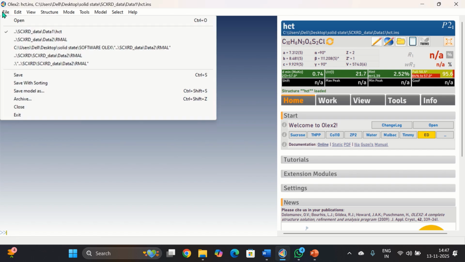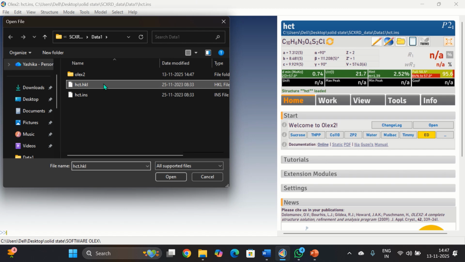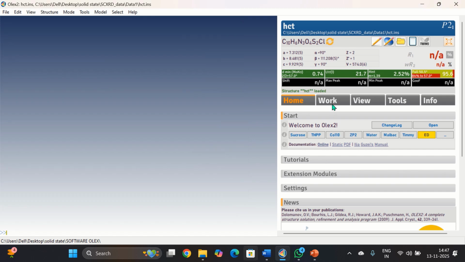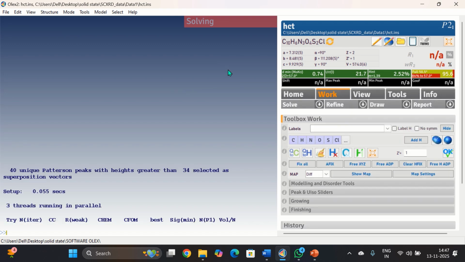So I have uploaded the HKL and INS file of another drug which was given to us. We will click on work and solve the structure, and it will start solving it to give us the pattern of electron densities.